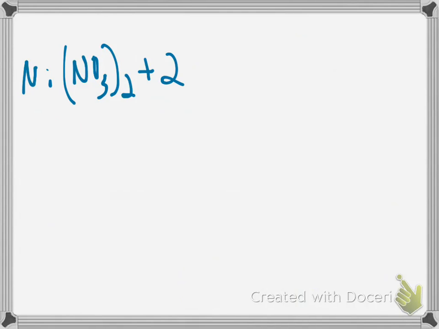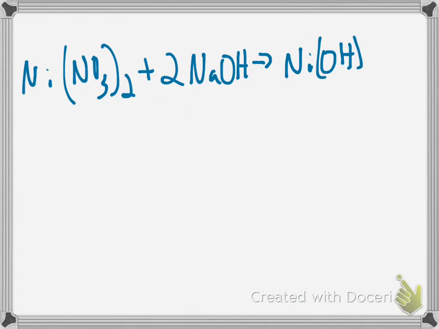So the equation written below there is nickel nitrate plus a coefficient of 2 sodium hydroxide produces nickel hydroxide plus 2 sodium nitrate. So I had to squeeze it in there, but we got it in. The question is asking, determine the mass of sodium nitrate produced.